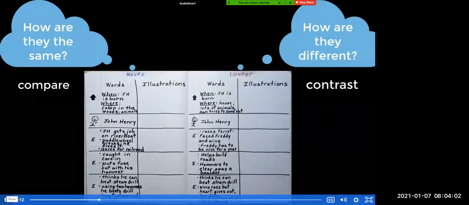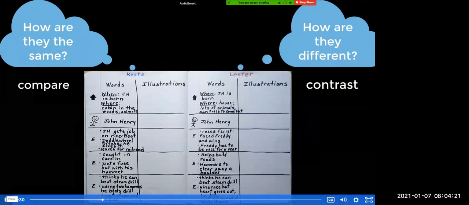We use story stones and story elements to look very closely at both versions of John Henry. All of the information that we gathered about those story elements can help us begin to compare and contrast these two versions.